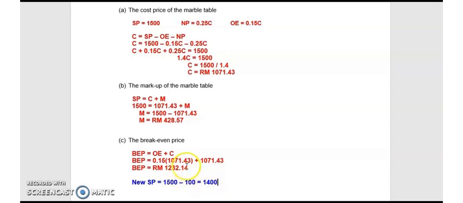Look at your break-even price. If your selling price is above your break-even price, you still get profit. However, if your new selling price is below break-even price, then you will suffer a loss. In this case, since the new selling price is more than break-even price, profit still exists.